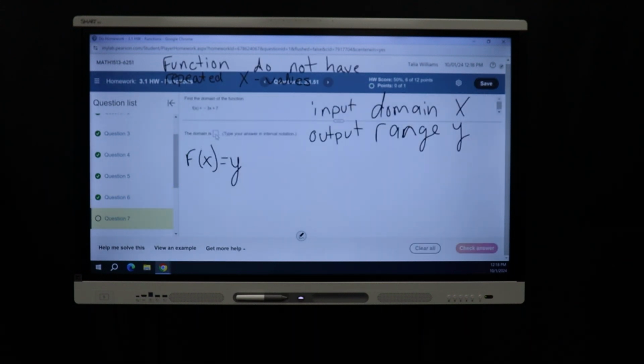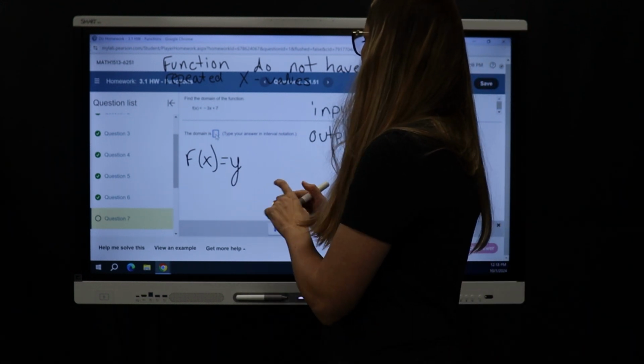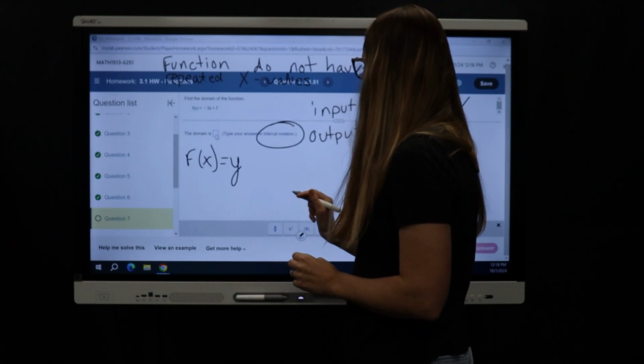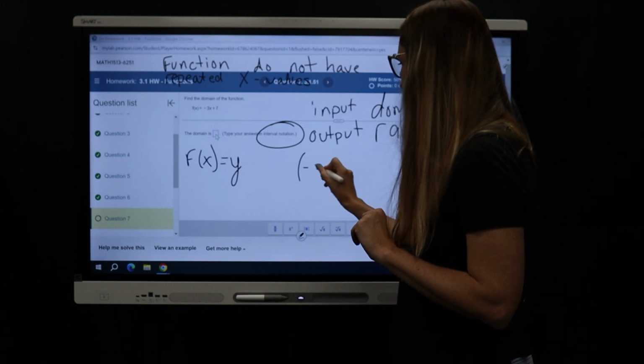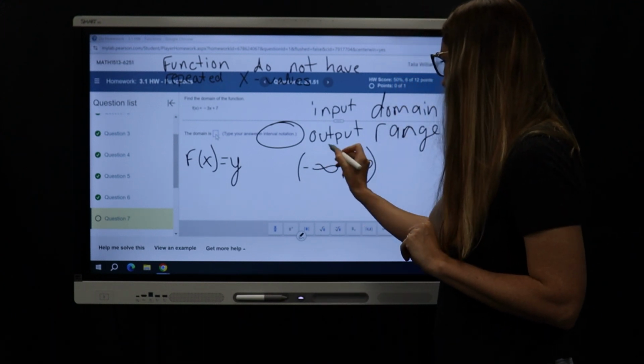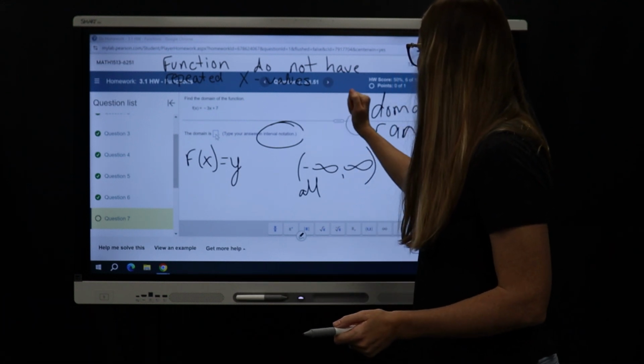So here though, since it's a linear equation, it is a line. Our domain is all real numbers, but they want it in interval notation. So our interval notation for all real numbers is negative infinity to infinity.